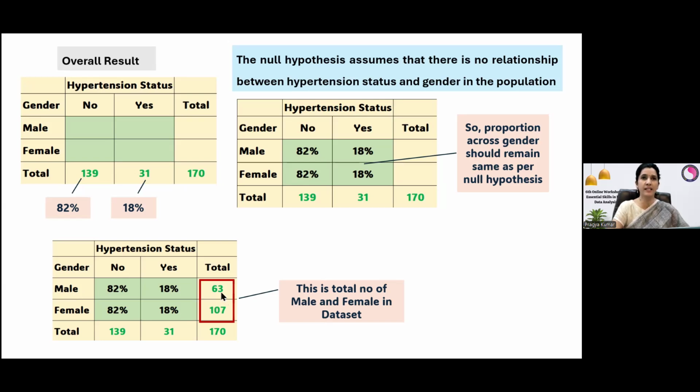So if I apply the same proportion, this 18% and 82%, all of you please calculate what will be the 18% of 107. I know that, but I don't want to show it now. You please calculate. Whatever it is, calculate the 18% of 107. What will that be? 19.2.